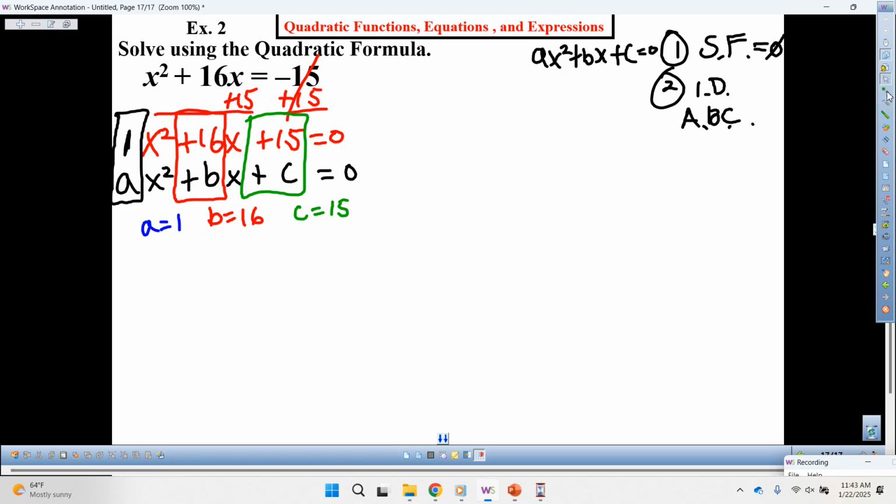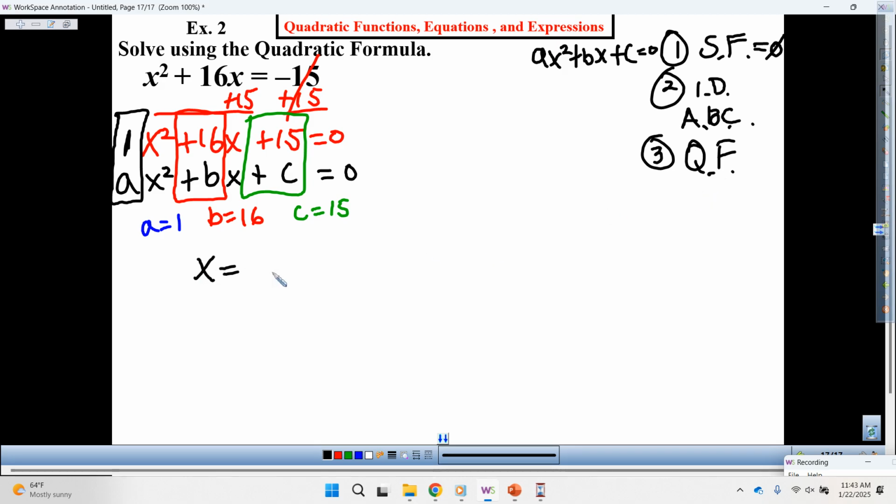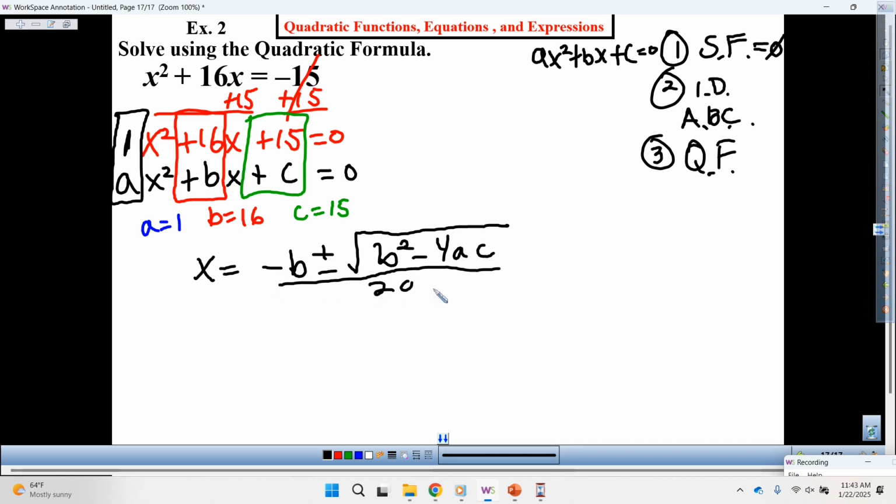Step 3. So you know what that means. What does that mean? Quadratic formula. x equals minus b plus or minus the square root of b squared minus 4ac, over 2a.